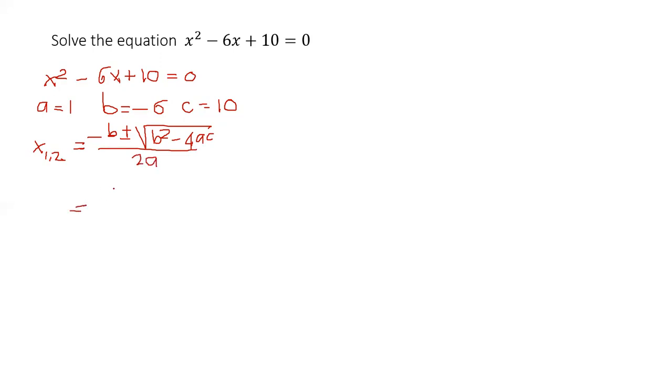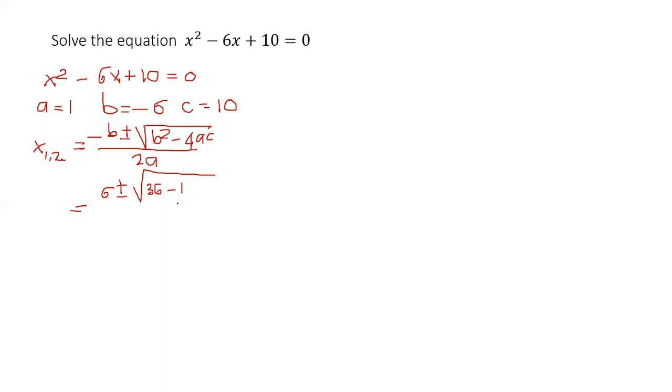x equals 6, because negative of negative, plus or minus square root of 36, b squared is 36, minus 4 times 1 times 10, minus 40.